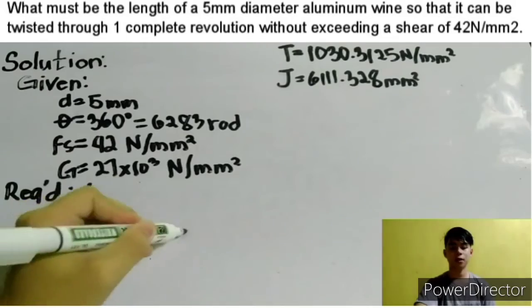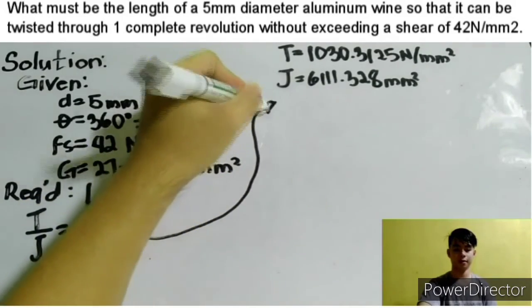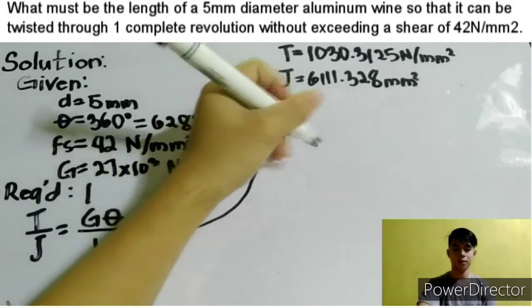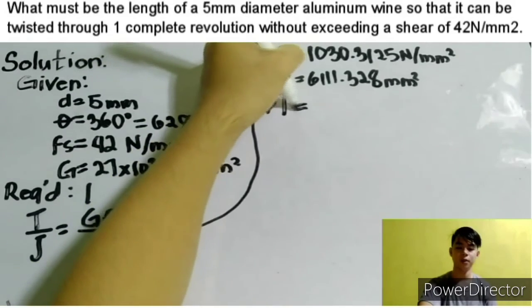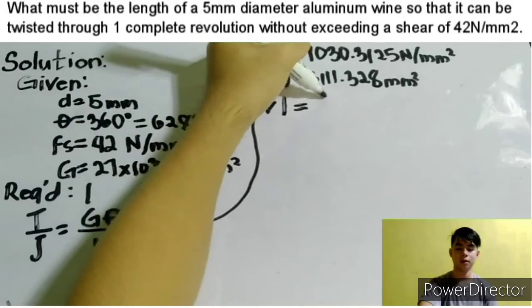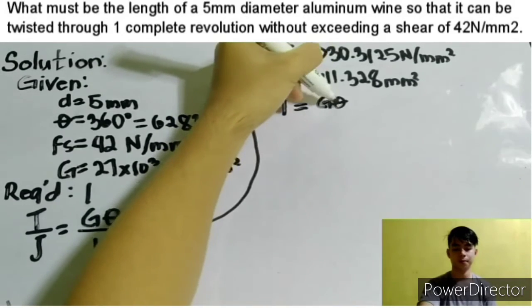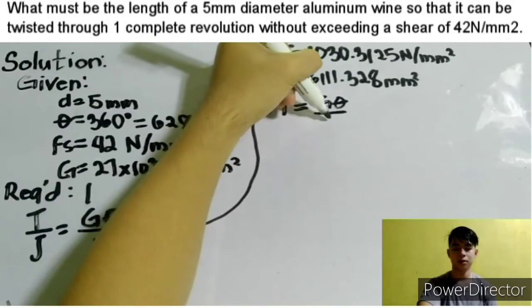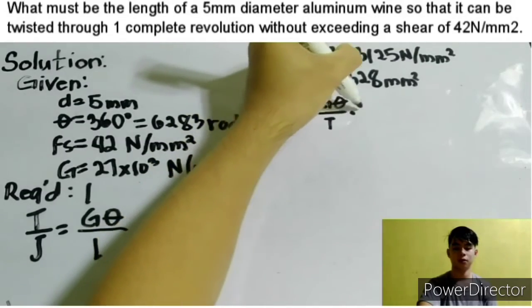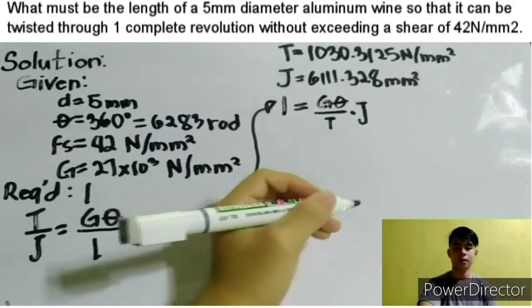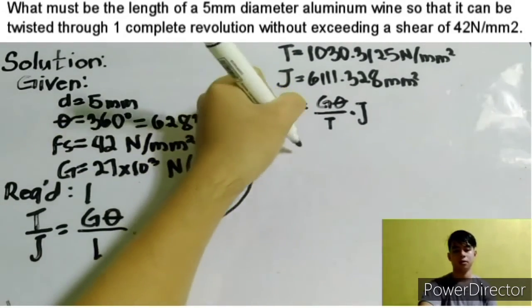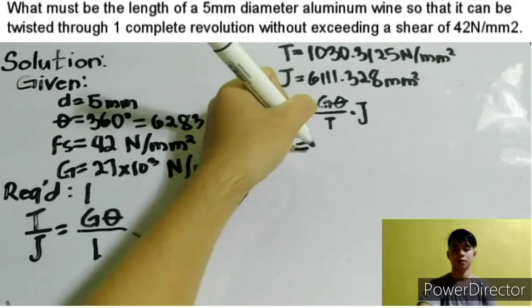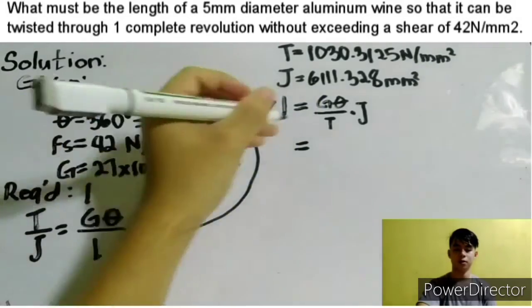So now we can solve the length. Manipulate the formula, so length is equal to G theta J over T. Substitute the values.